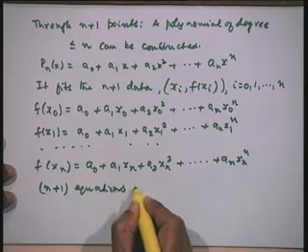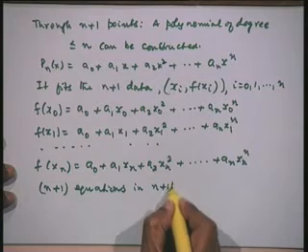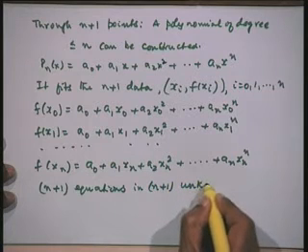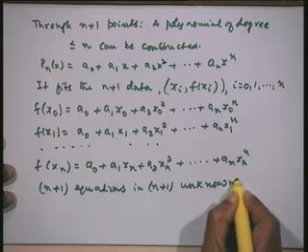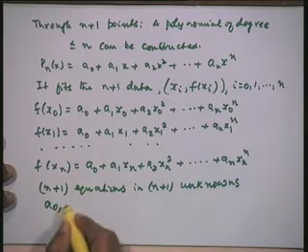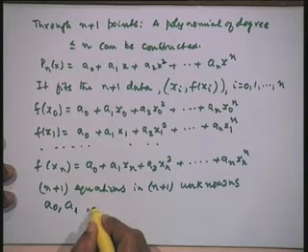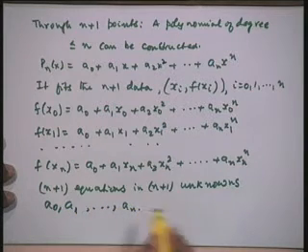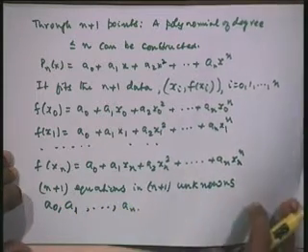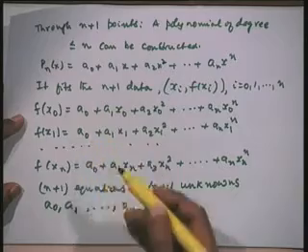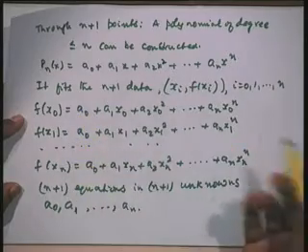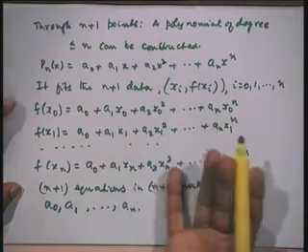These are n plus 1 equations in n plus 1 unknowns. Now, the condition for the existence of this will be that the determinant of this coefficient matrix should not be equal to 0, then the solution exists.